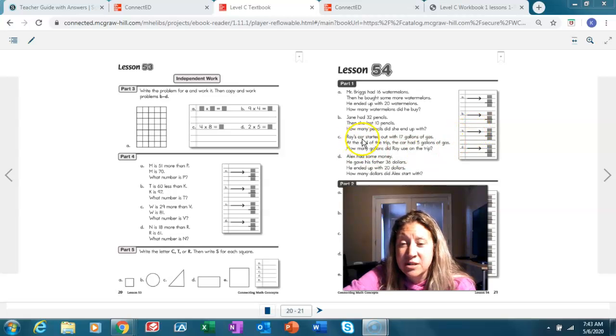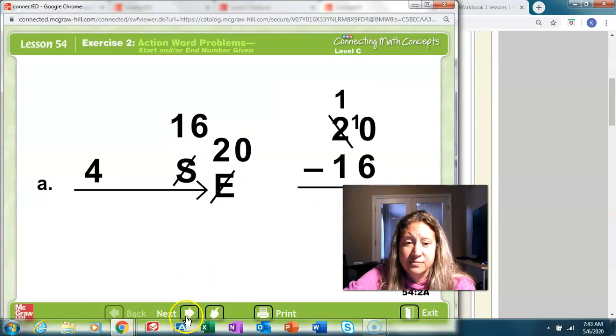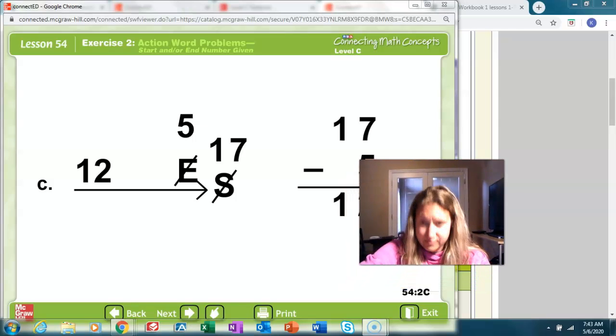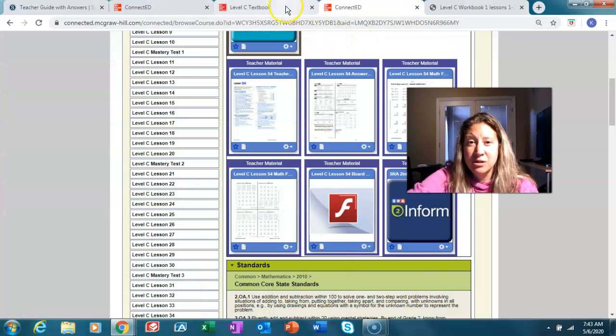Which one are you going to replace? The S, right? With the 17. Write down and work your problem. Did you guys get 12 as your answer? Wonderful.